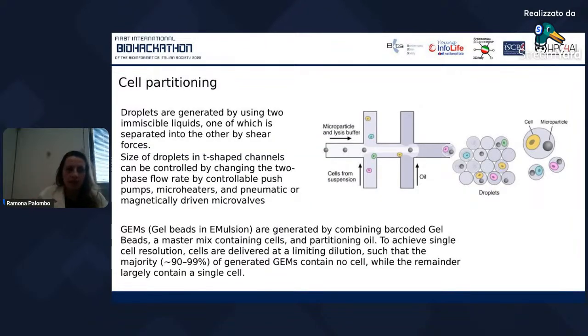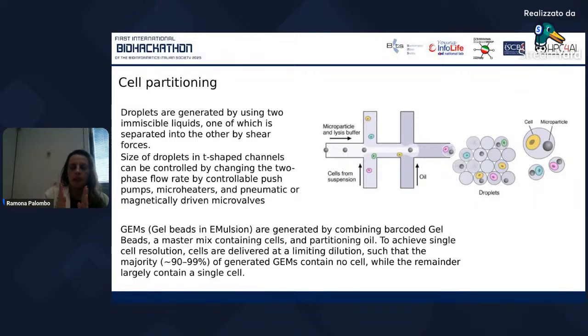So the final part, we are just near the end of this discussion. The cell partitioning allows me to obtain droplet generation. In this case, as we can see in the image, we have a cell in suspension that is in the flow, in a perpendicular flow with respect to the other, in which nanoparticles or beads are present.